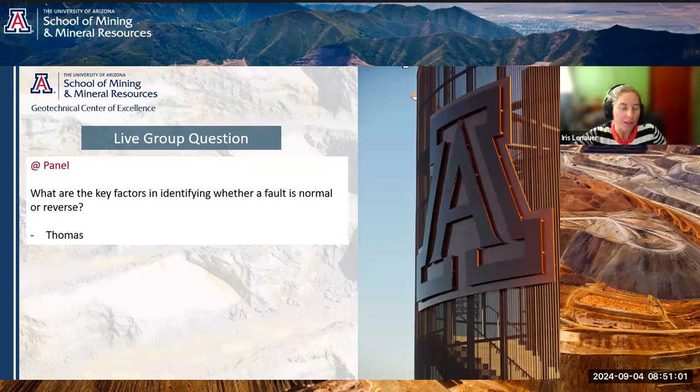If there's any indication of which way dilation was happening, secondary veins, the vein orientation will either be vertical or horizontal, depending on if it's a reverse or a normal fault. Splays that indicate the direction of movement. Yeah, I think understanding what the secondary structures are doing in relation to the main fault will help most of all.